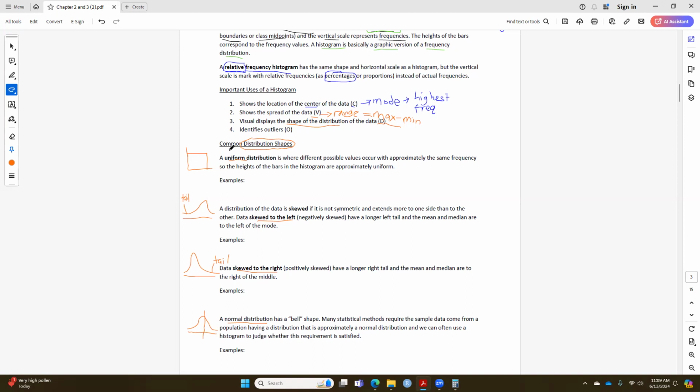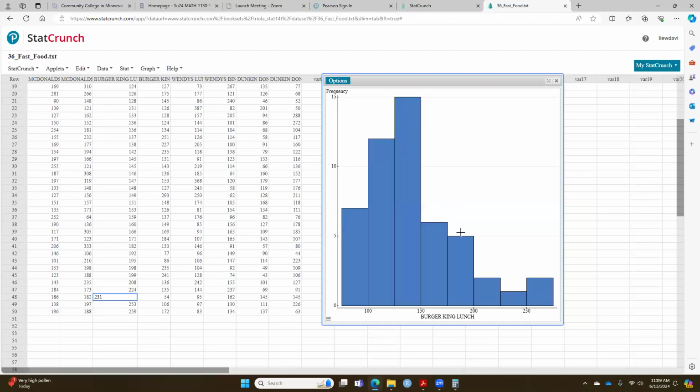So make sure you know that uniform means if you get a histogram that looks like the same height of the bars. Skew left means that mostly everyone is on the right side, and you got a tail on the left side. Skew to the right is the other way around, and normal means low, high, low, symmetrical. Okay. Now, you can tell by the graph that we have in this case, this is skewed to the right, because it is tapering on the right side. Okay, so this is skewed to the right.